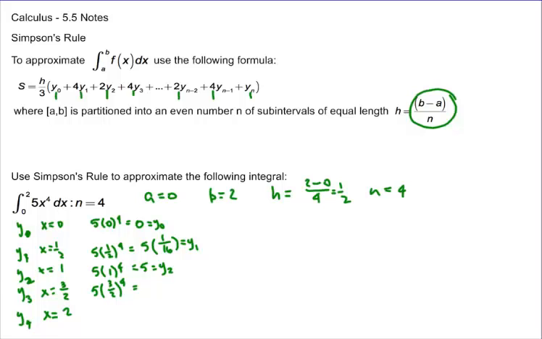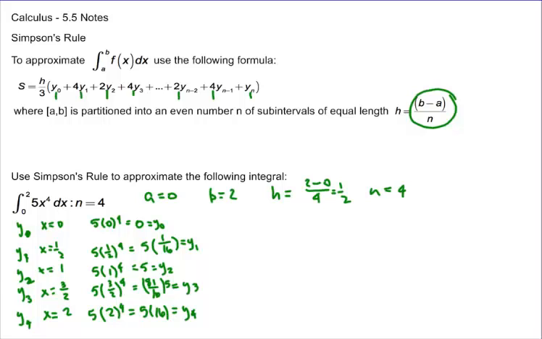And that's going to be 81 over 16 times 5. That's your y3. And then the last guy is going to be 5 times 2 to the 4th, which is 5 times 16, which is y4. So when you're setting this particular guy up, those are the numbers that you're going to use.